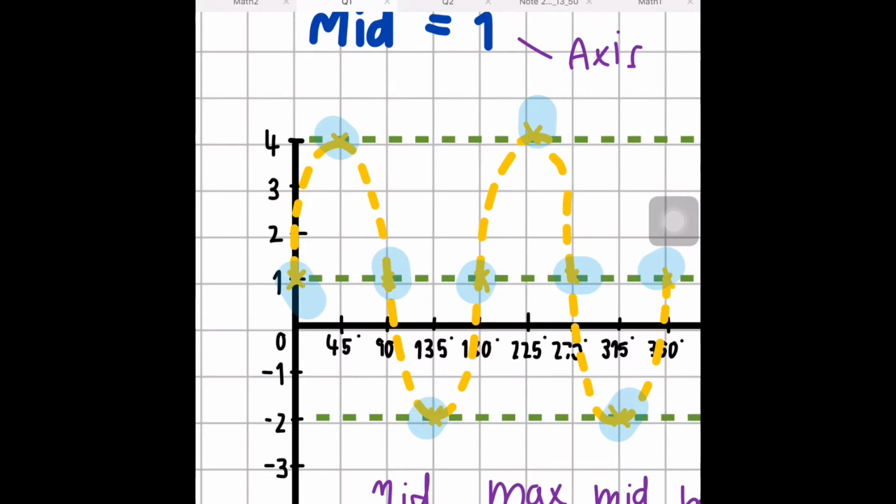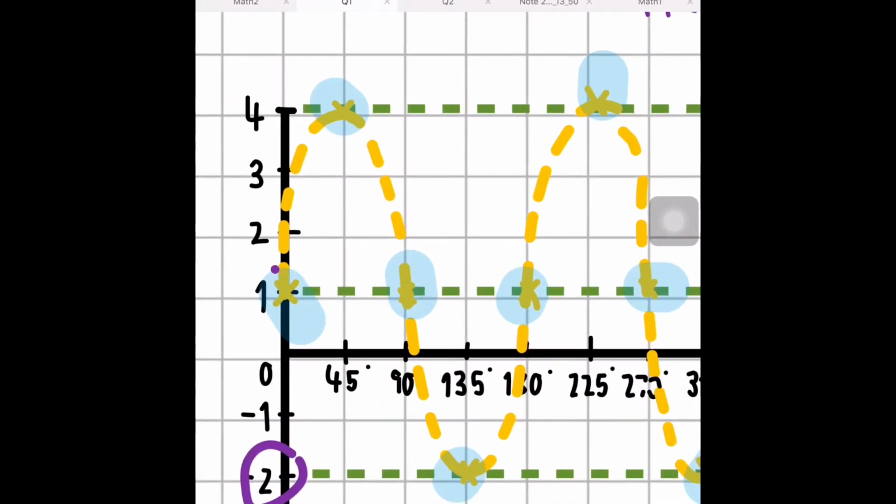So in this case, we only have to reach the maximum line and midline, because our minimum line is a negative number, so we can't reach it. So we'll reflect this one.